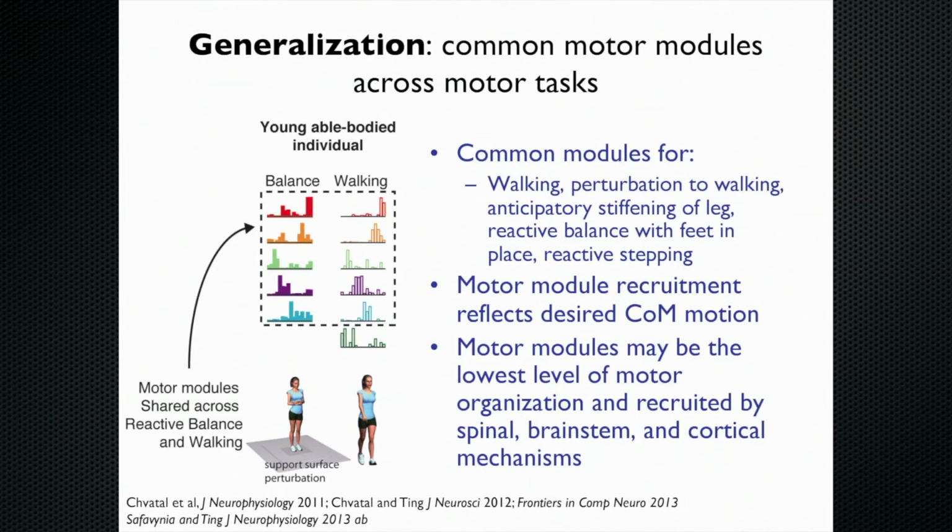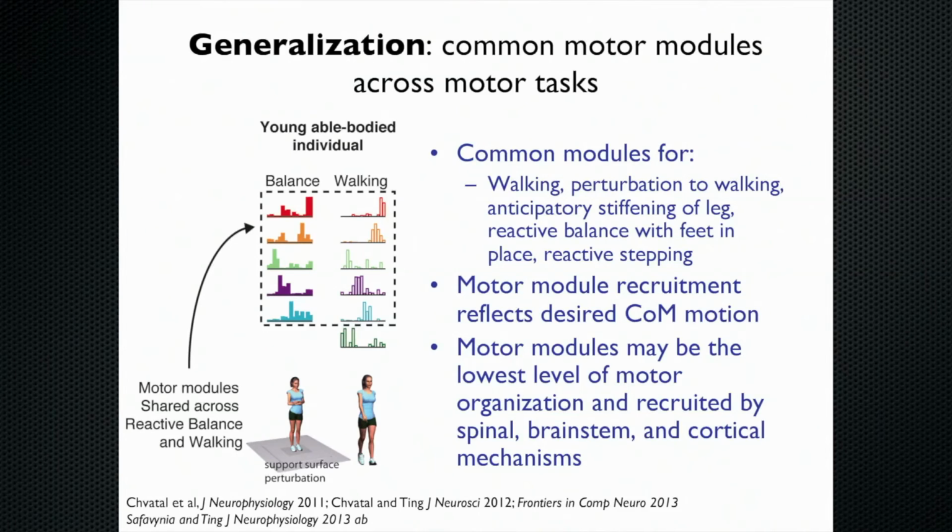If you look further, you can see that the same modules used for one task could be shared across another task. We've done a whole series of studies looking at reactive balance, which is an automatic brainstem-controlled activity, as well as walking, and have shown in many different ways that you could use a common set of modules to do walking, recover from perturbations, stiffen the leg, and that in general, we can identify modules that are recruited based on what direction you want to move your body center of mass, whether it's in balance or in walking.